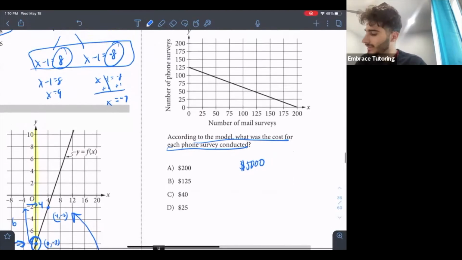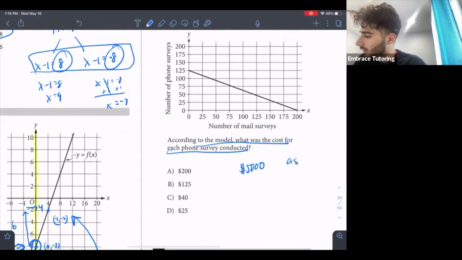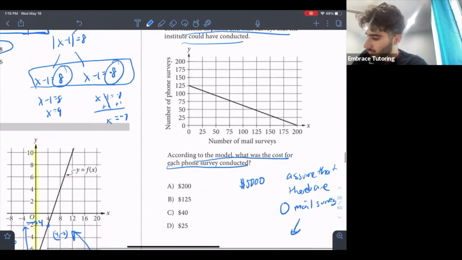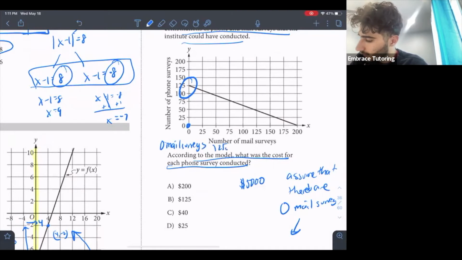So what you could do here is assume that there are 0 mail surveys. And how would you do that? You would start at the point right here, because it'd be 0 mail surveys and 125 phone surveys, and it gives you a total of 5,000.